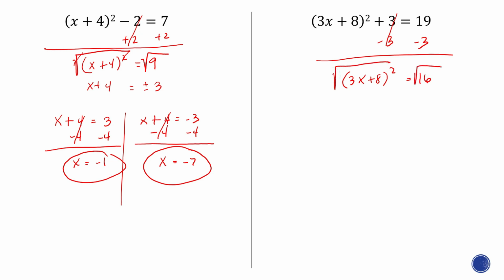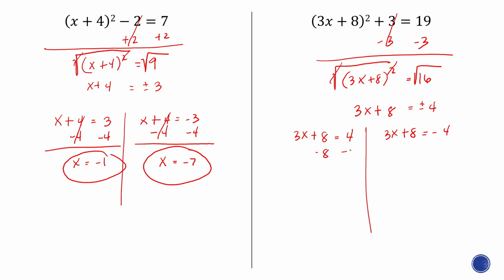The square root of 16 is positive negative 4. Cancel out the exponent 2, and this will give us 3x plus 8. Then we will separate that into 2 possible solutions. The first is 3x plus 8 equals positive 4, and the next one is 3x plus 8 equals negative 4.